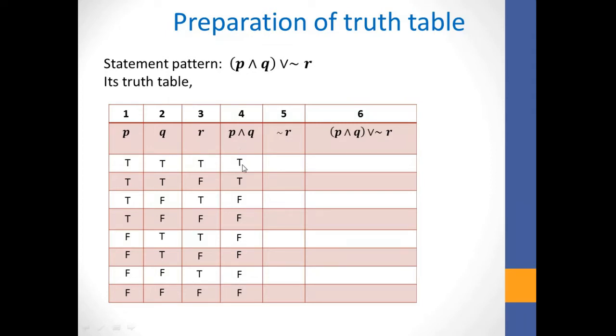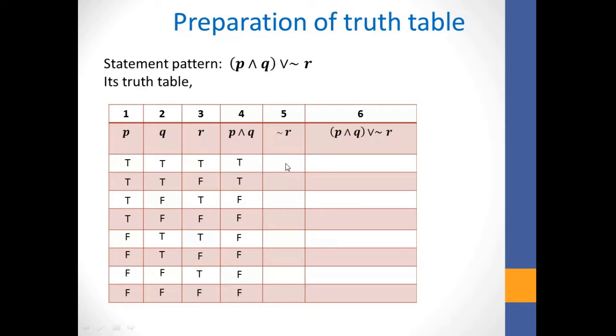Remember the truth table for this column P and Q. Okay. Then next column is negation R. So these are all possible values of R. We have to take the negation of this.